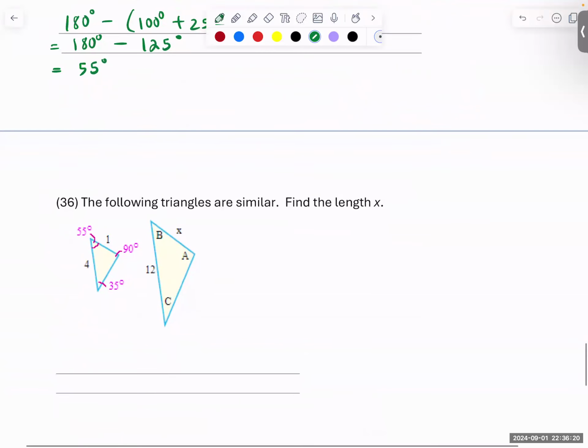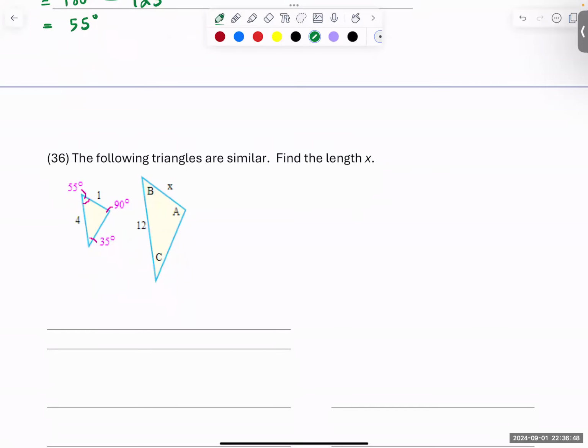36. The following triangles are similar. Find the length x. So since the two triangles are similar, their corresponding sides are proportional. The triangles are oriented in the same direction, so we don't have to rotate or flip either triangle. Now, say a little bit more.